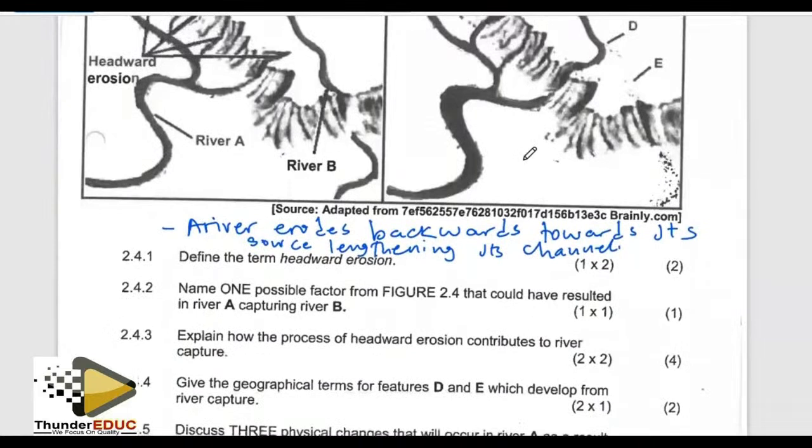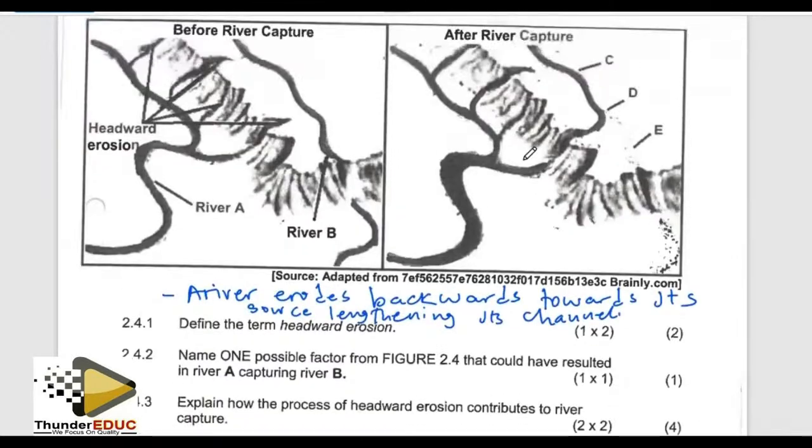Question 2.4.2: name one possible factor from Figure 2.4 that could have resulted in river A capturing river B. River A was our captor river, which was stronger.